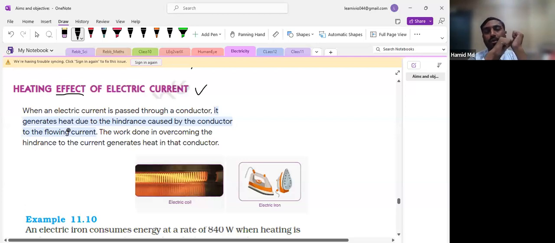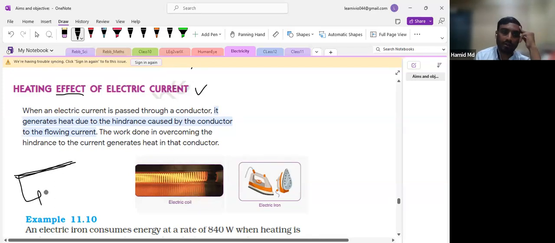The same thing happens when we flow current through our apparatus. Suppose this is a current wire, a simple conducting wire. We are connecting a source to it. So current will flow. Current will flow, then there will be motion of electrons, individual electrons.